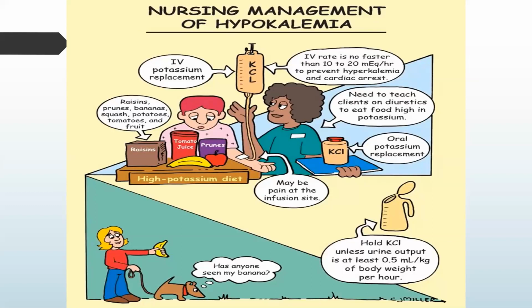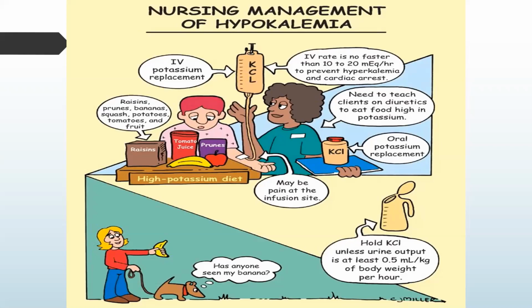If potassium is in pill form, it should not be crushed. It doesn't absorb correctly when it is crushed. Be sure and mix in fluid. If urine output is below 0.5 mL per kilogram of body weight per hour, potassium supplements should not be given.